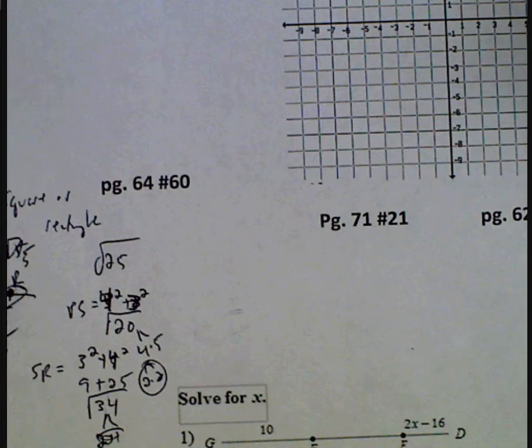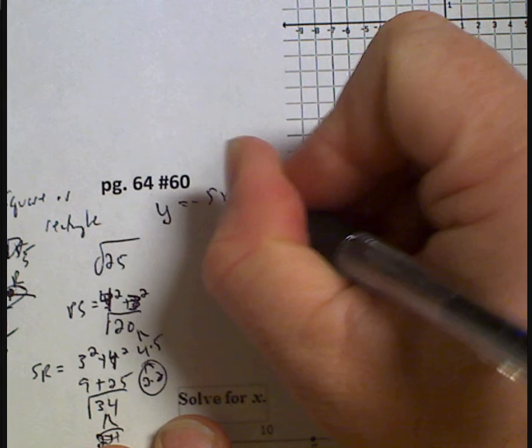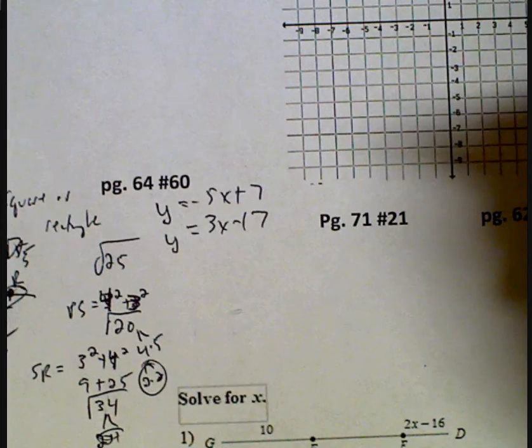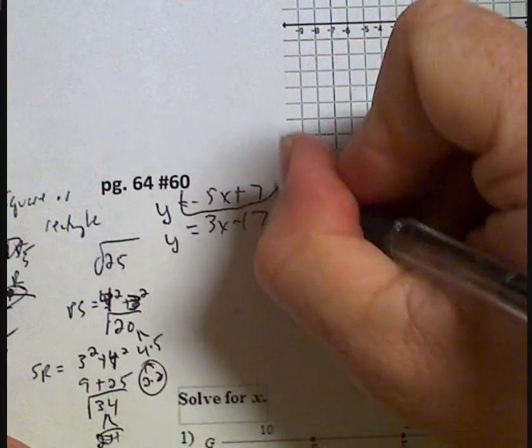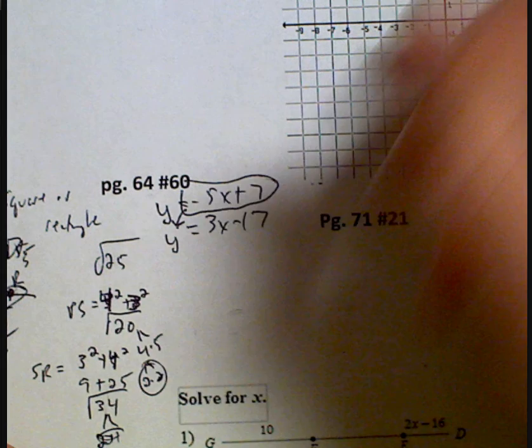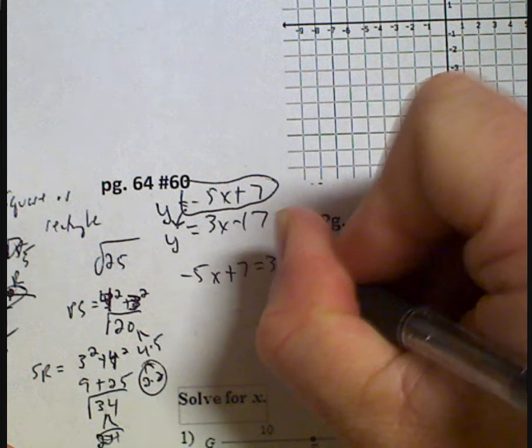Page 64, number 60. They give me y equals negative 5x plus 7. They give me y equals 3x minus 17, and I need to solve. This is back to algebra 1. So I'm going to take what they gave me and plug it in. Negative 5x plus 7 equals 3x minus 17.